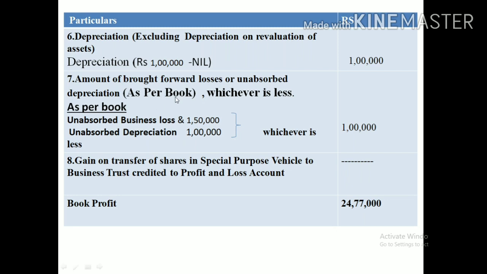Here we have that information in the adjustment: unabsorbed business loss is 1 lakh 50, and unabsorbed depreciation as per book is 1 lakh. Among these, whichever is the least, that is 1 lakh, should be deducted. Then there is no gain on transfer of special purpose vehicle on the credit side, so nil.